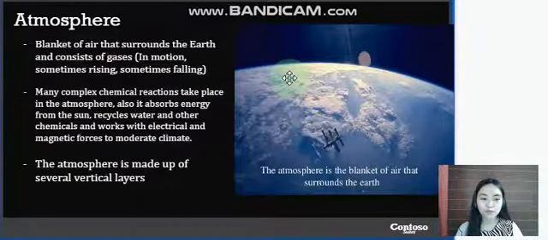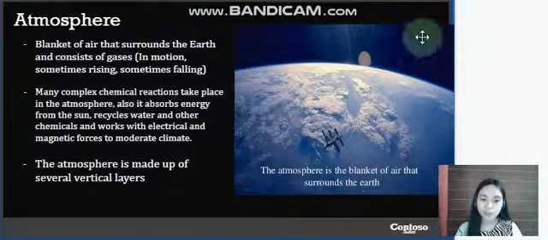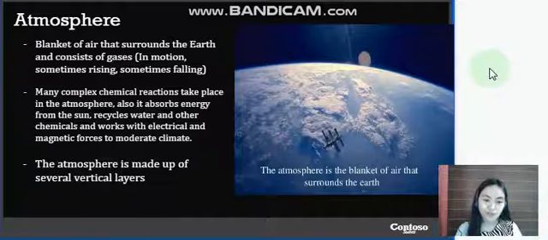Now let us first know the layers and description of the atmosphere. As we all know, the atmosphere is a thin layer of gases that envelopes the earth. It's like a blanket of air that surrounds the earth. It consists of gases in motion, sometimes falling, and sometimes rising.